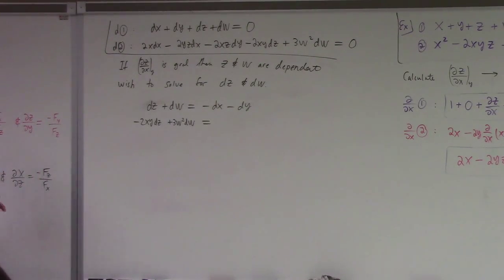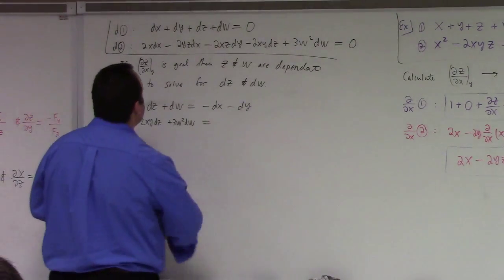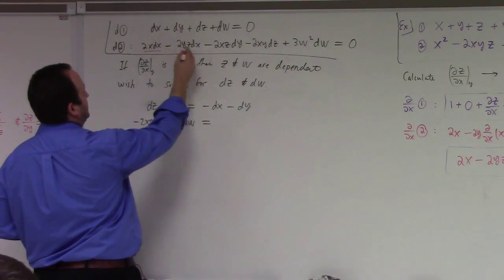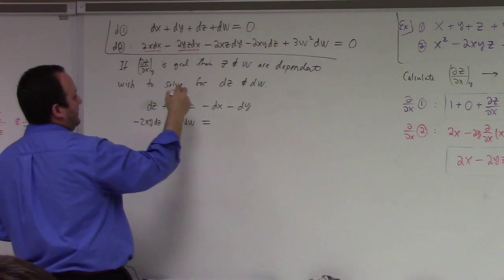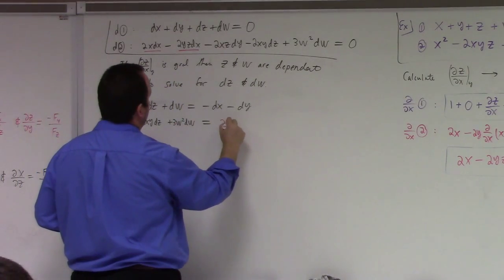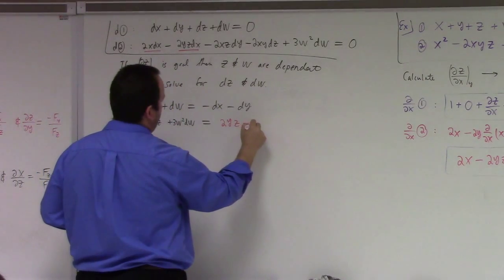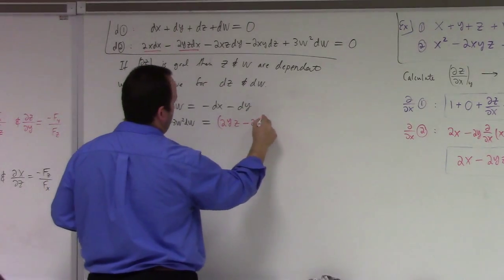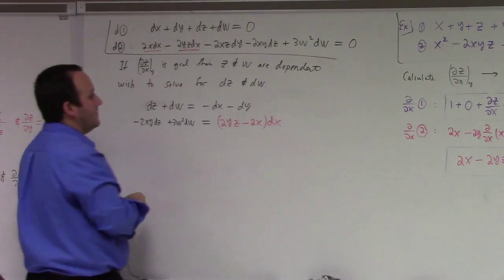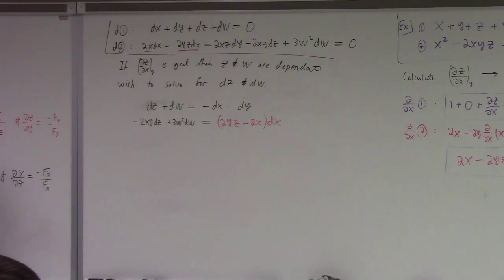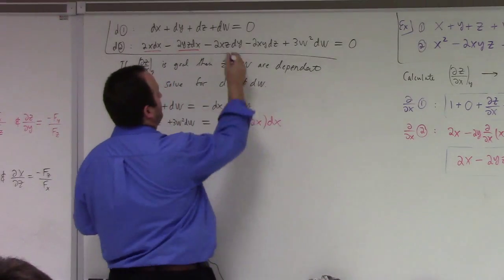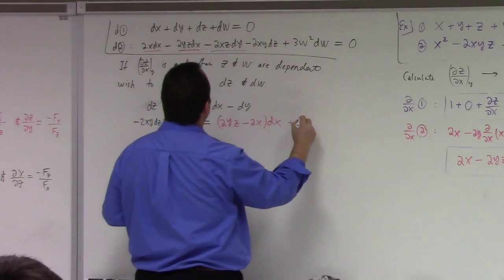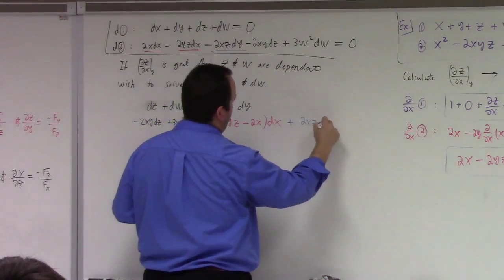Let's collect together things. The dx terms give me 2yz minus 2x, I could have factored the 2 out, oh well, too late, times dx. And then the y terms, so just plus 2xz dy.